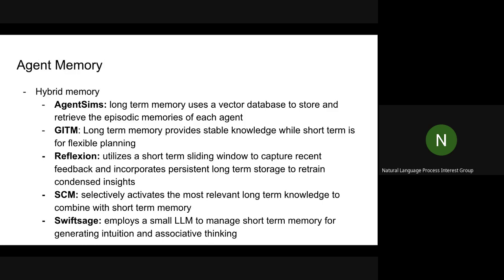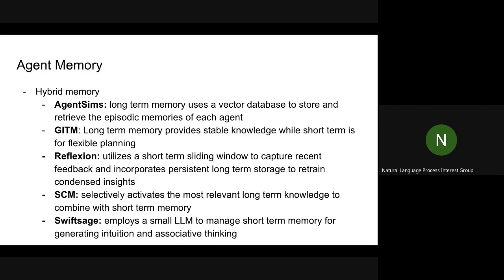And then GITM stands for Ghost in the Minecraft. I don't know why they have T in the acronym, but it does long-term memory, providing stable knowledge. Essentially the goal of this paper is trying to get agents to autonomously take actions in Minecraft. So they also have a process of transferring their short-term memory to long-term memory.